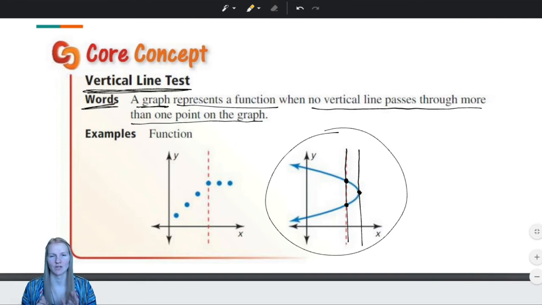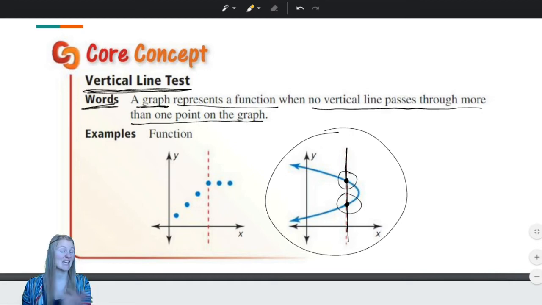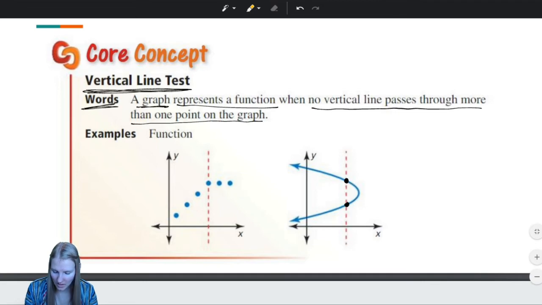But it doesn't matter. If you can draw one vertical line that intersects at 2 points, it's not a function. It doesn't matter if you can draw a line that only intersects at one place. And that's because, say this is 1, 2, 3, and this is 1, 2, 3, 4.